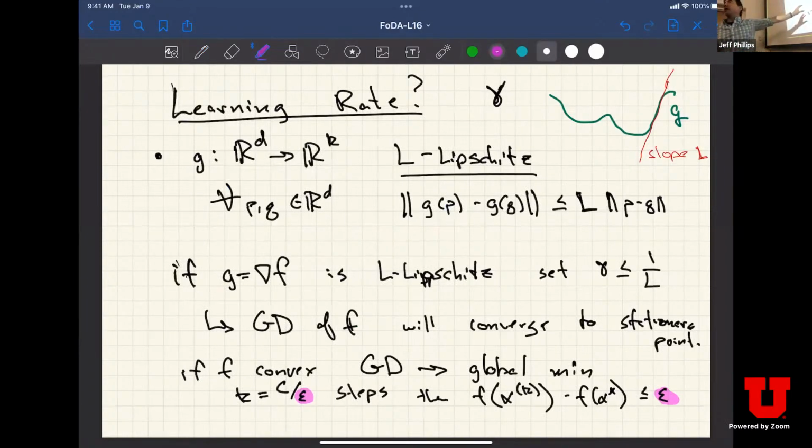If I have a convex function that has a smooth gradient, where the gradient changes in a bounded way, then I can guarantee I'm going to converge to the global minimum in this number of steps. Okay, so this is pretty cool. I just need convexity to get this. If I have a convex function and it doesn't have jumps in the gradient, gradient descent will work.